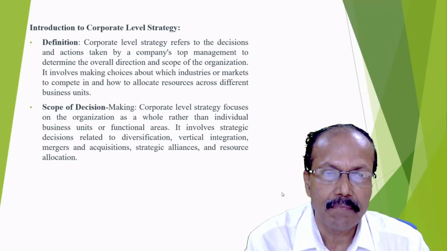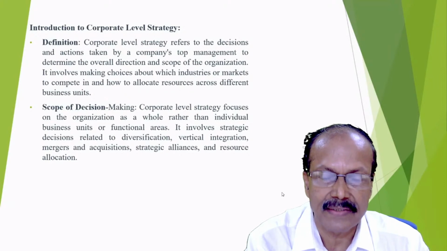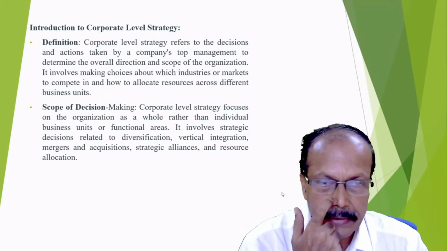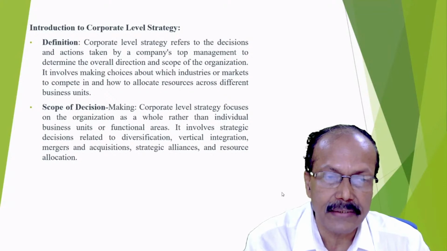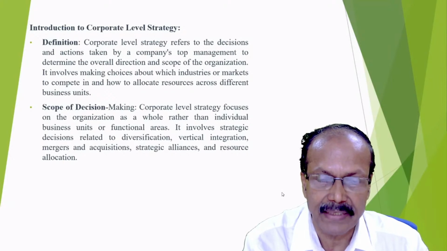It involves making choices about the industries or markets where to compete and how to allocate the funds, that is through the budgetary provision, and also across the different business units, that is strategic business units under a corporate. The scope of decision making here is the corporate level strategy focuses on the organization as a whole rather than the individual business unit or the functional level strategy.